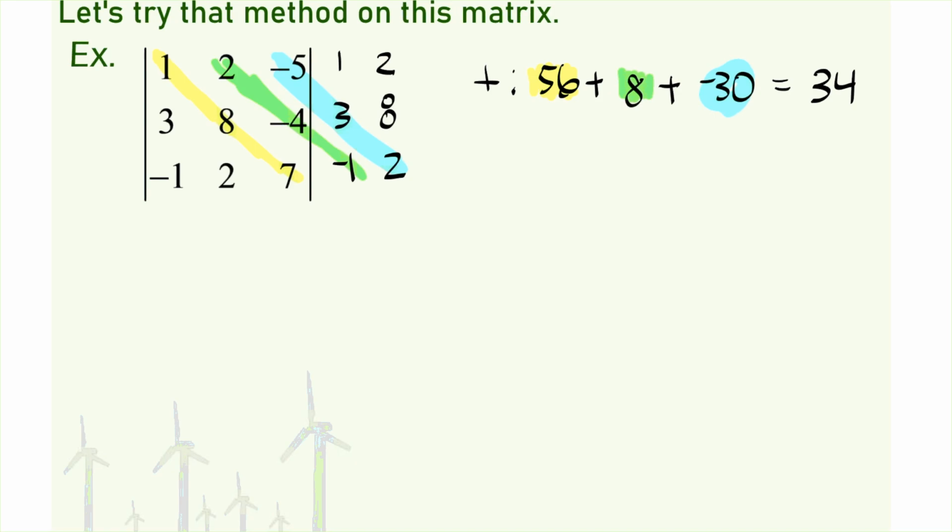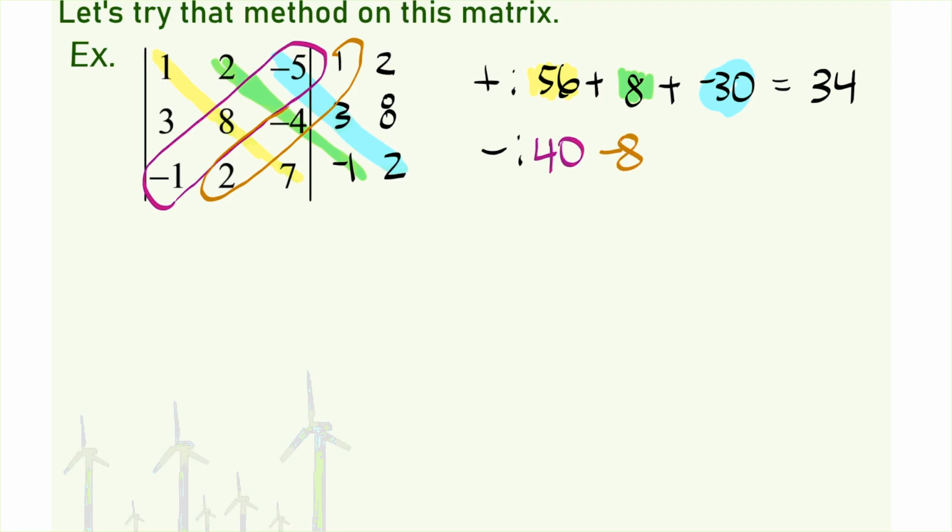Let's go in the opposite direction. So going against the grain. So my first one, this product is going to be 40. This is going to be -8, so I have 32 so far. 6 times 7 is 42.